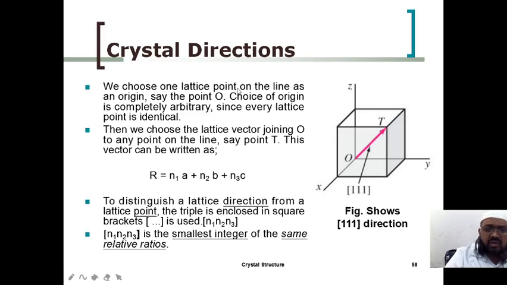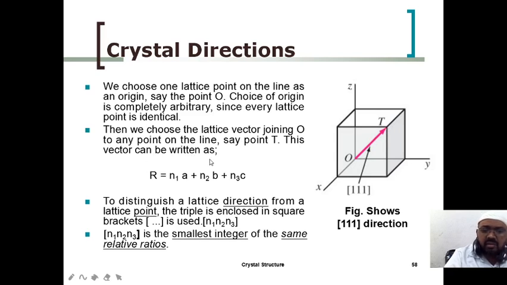Then we choose the lattice vector joining O to any point on the line. I am joining O to some point, like a line segment, to a point in the unit cell. O to T, so we call that point T.